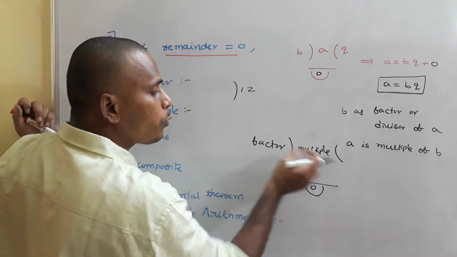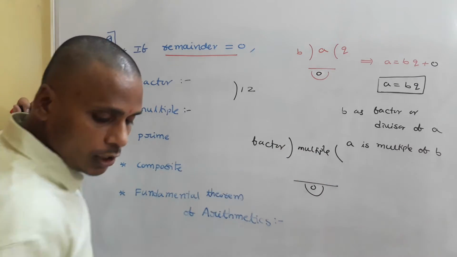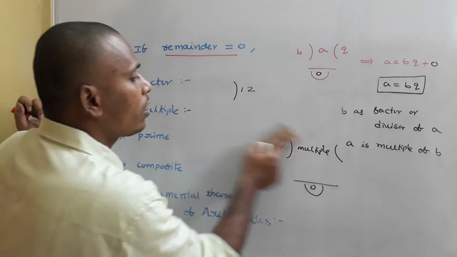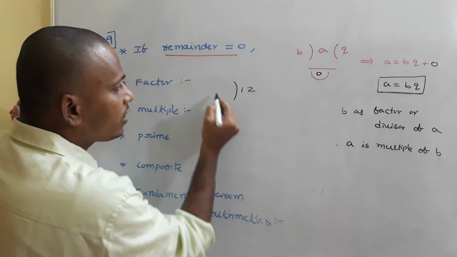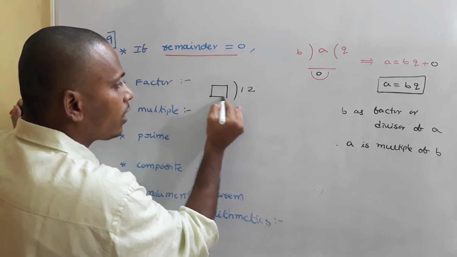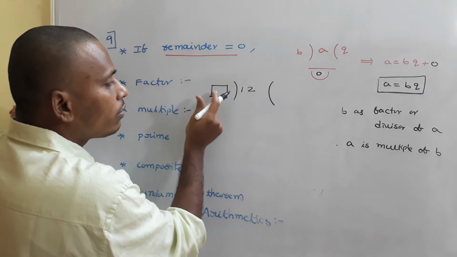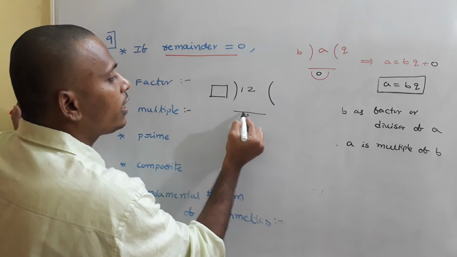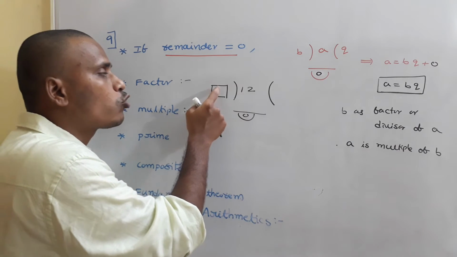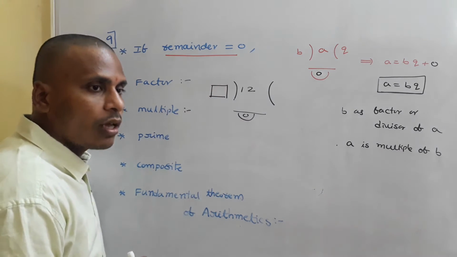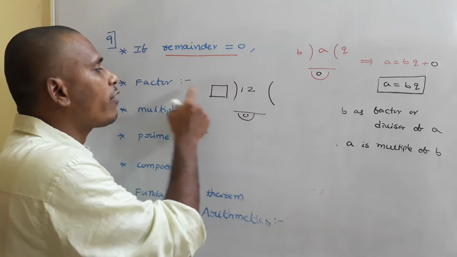So to find factors of 12, we divide 12 by certain numbers, and it has to give remainder 0. We need to check the possibilities to fill this blank. Every possibility is a factor.